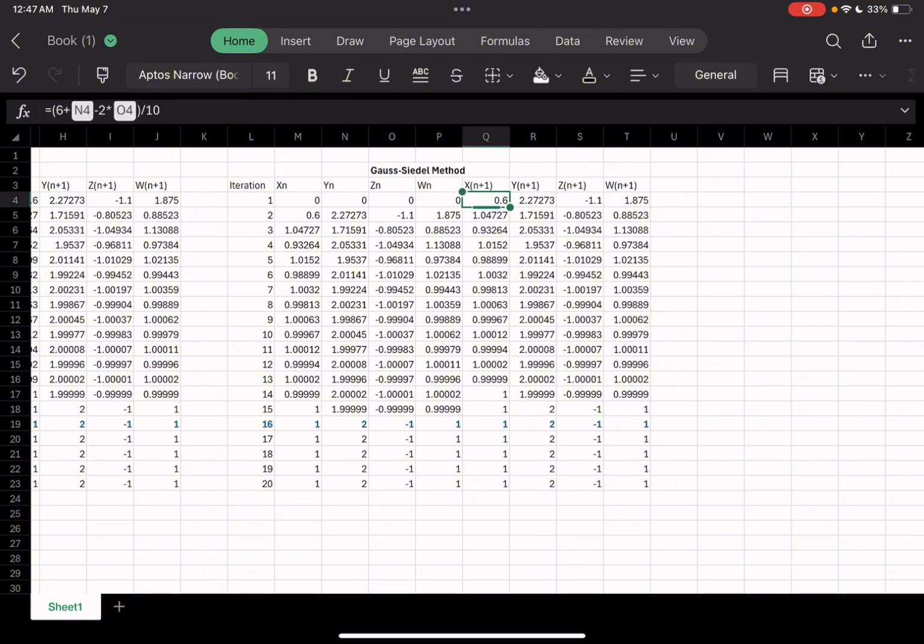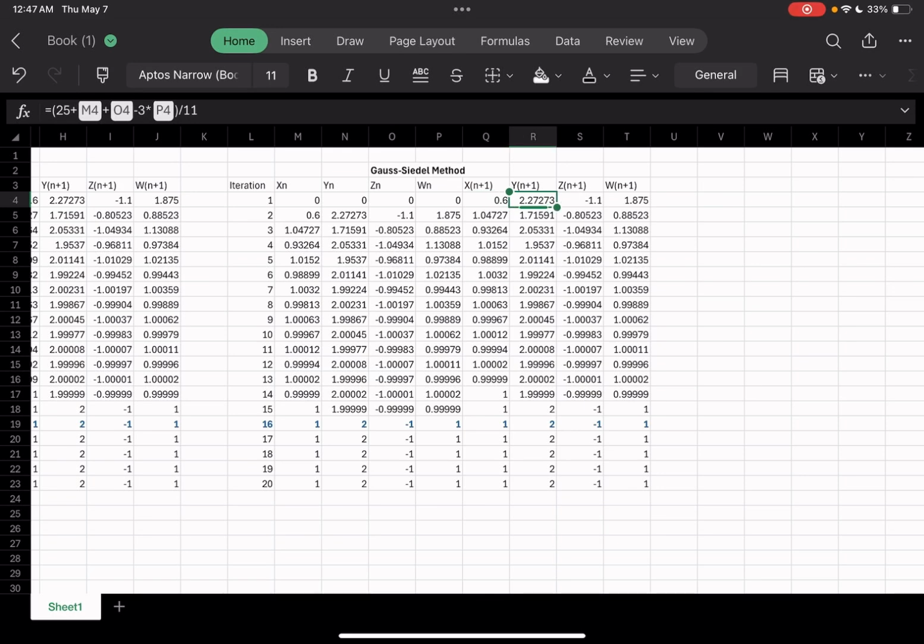So for our x sub n plus 1, since we have not yet computed any other values right here, it would be 0. However, for our y sub n plus 1, the value of our x right here would not be 0. Instead, it would be 0.6.